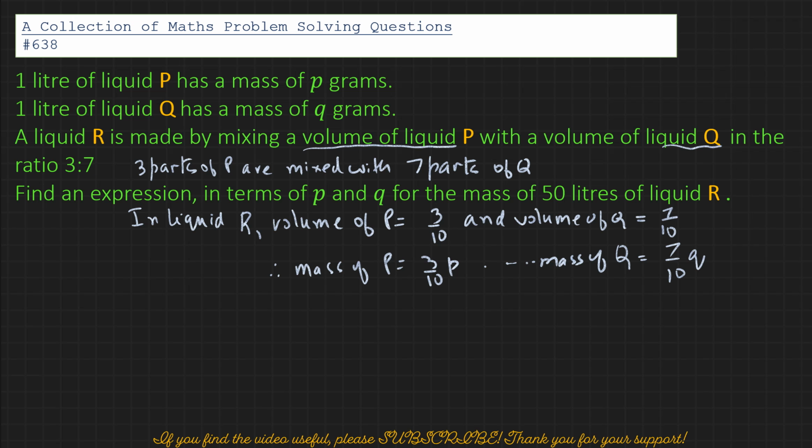Okay, therefore total mass in one part of R, because they're telling us that a liquid R is made by mixing a volume. Find an expression. Okay, so in one part of R, you have 3 out of 10 P plus 7 out of 10 Q equals the mass, not the weight, sorry.